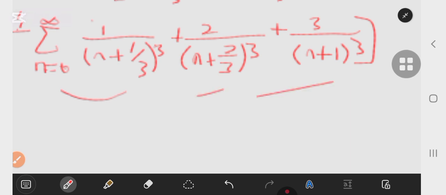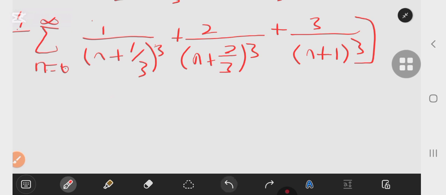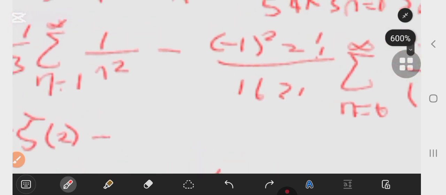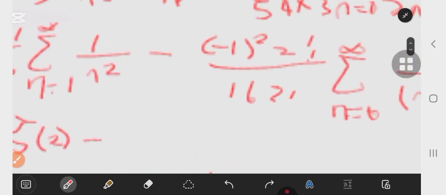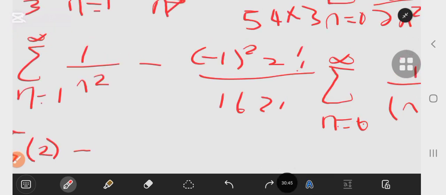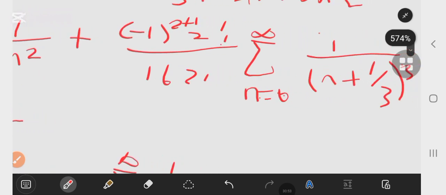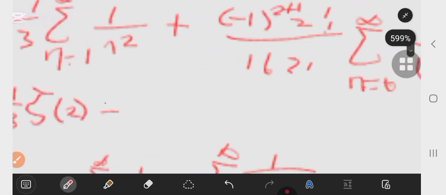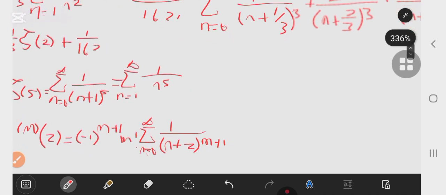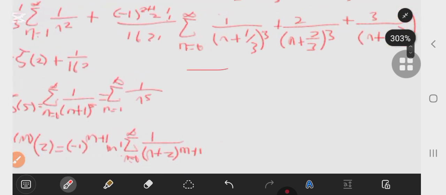So I'm not going to divide by 2, I'm going to use my 2 here. I already have 2 plus 1 and 2 factorial. The next thing I'll do is apply my Polygamma function here, here, and here.